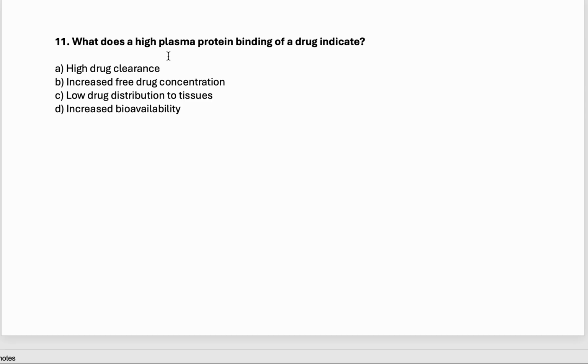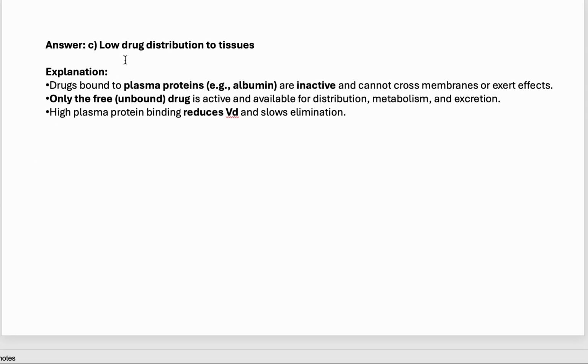So suppose you have 100 mg of drug, and it binds to the plasma and is not circulating properly in the body, so it might not reach 100% to the target. It binds everywhere, so it might not even be effective by the time it reaches the target. So that shows low drug distribution to the tissue.